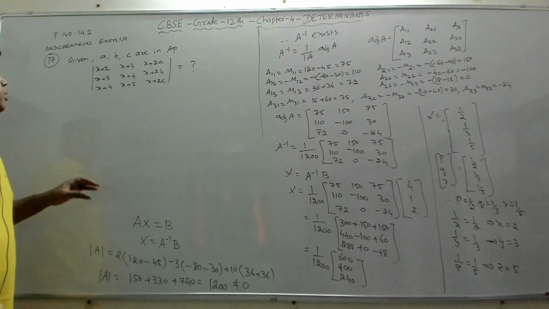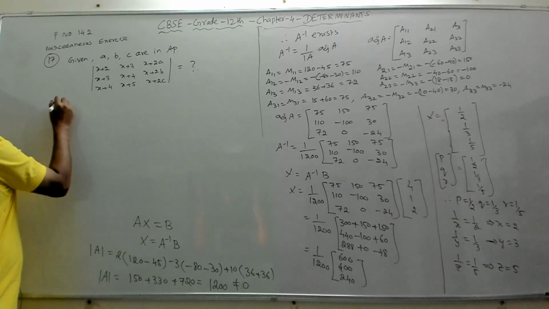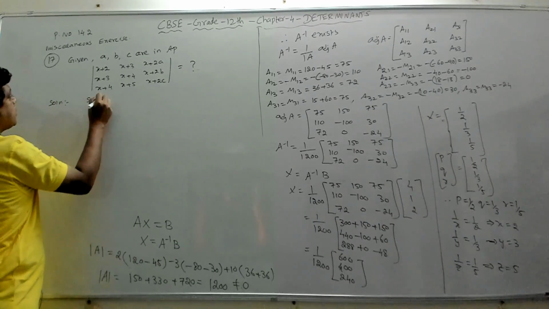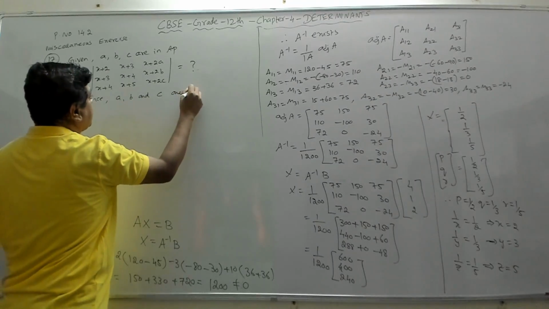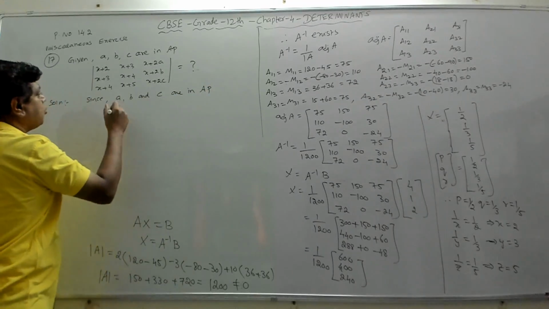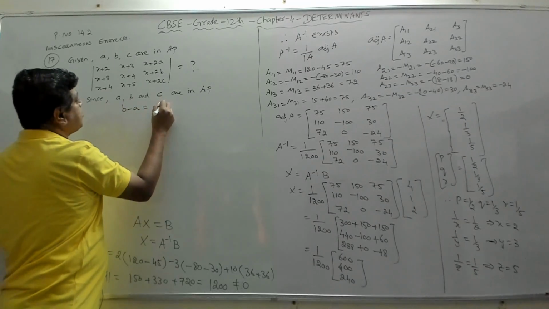But again, the moment you have three numbers a, b, c in AP, we know the solution. Since a, b and c are in AP, the common difference is the same, which means b minus a is the same as c minus b.